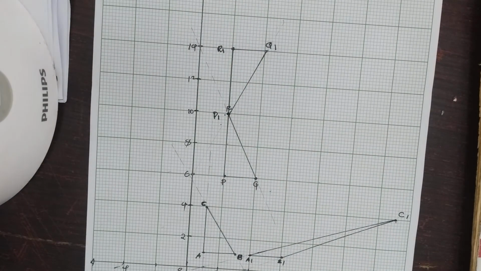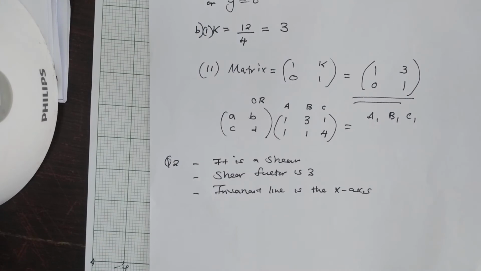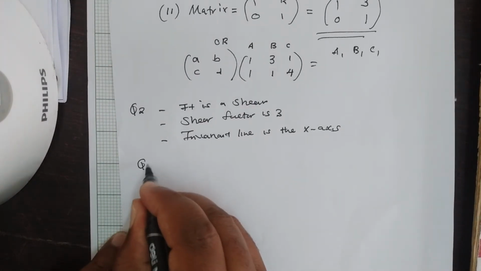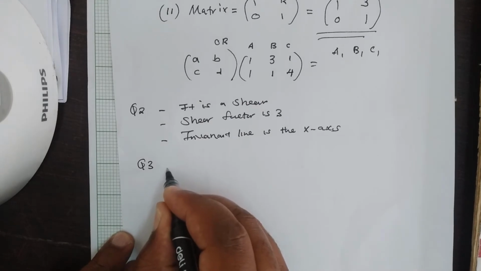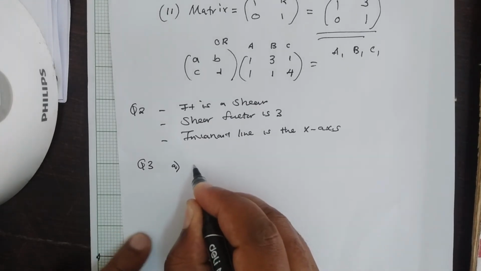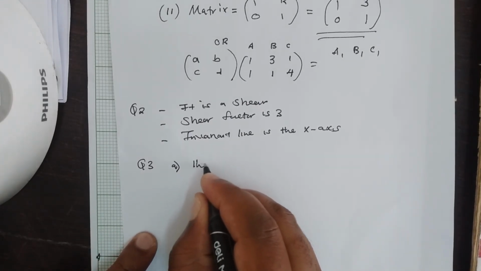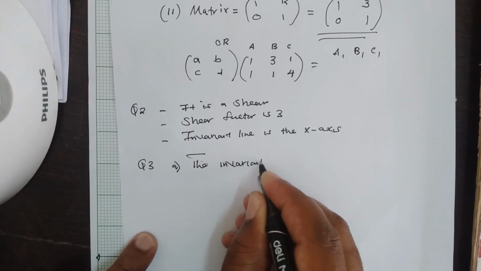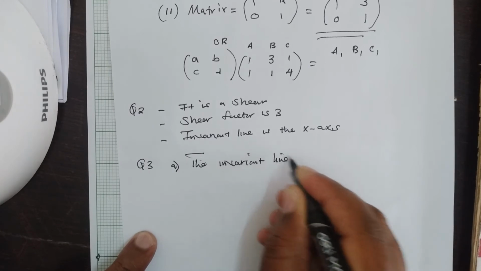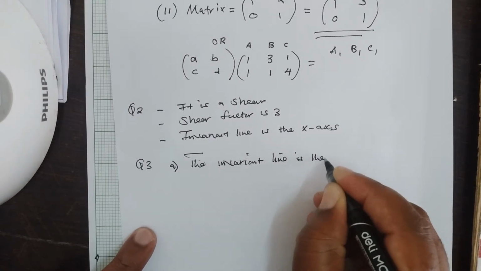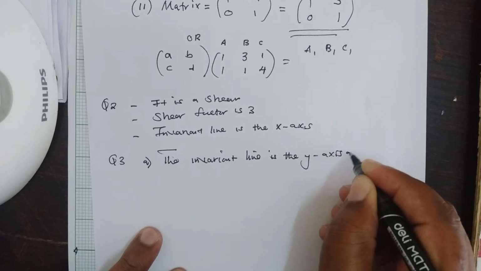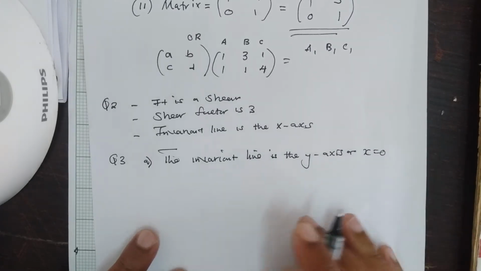So the invariant line, this is question 3A. The invariant line is the y-axis, or x is equal to 0.